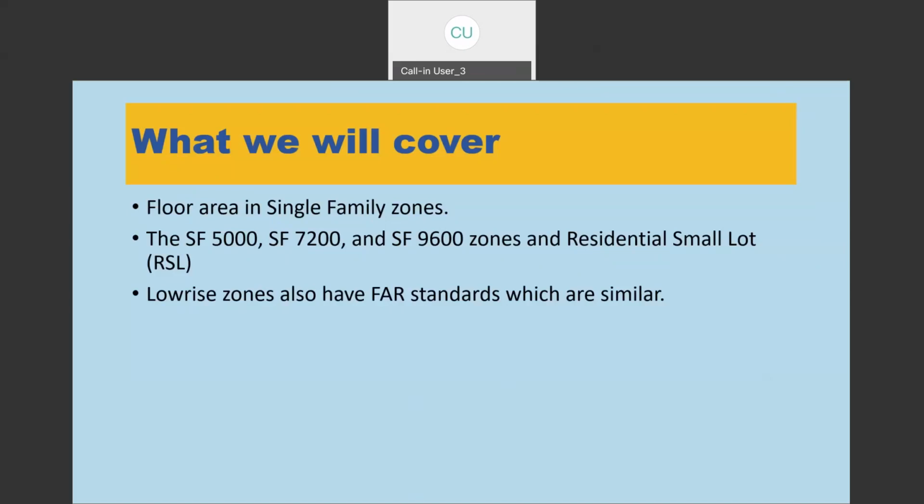It was introduced in single family zones just recently. It's been a staple of zoning codes all over the country, but in our code locally, downtown has had a floor area ratio requirement, and so have the commercial zones, the Seattle mixed zones, and even the multifamily zones for quite a while.